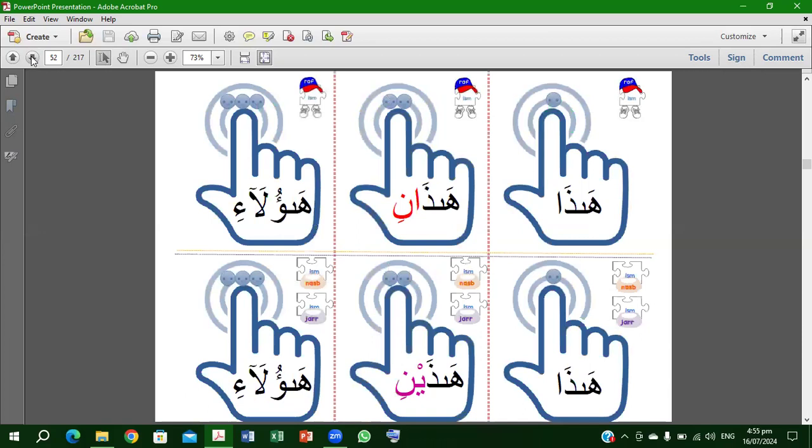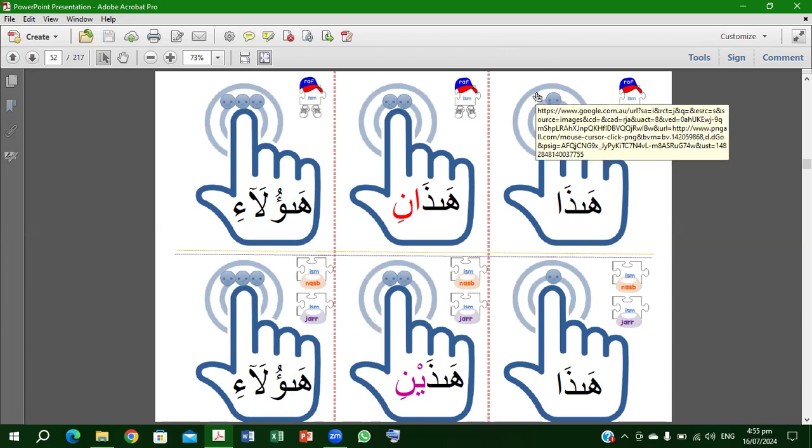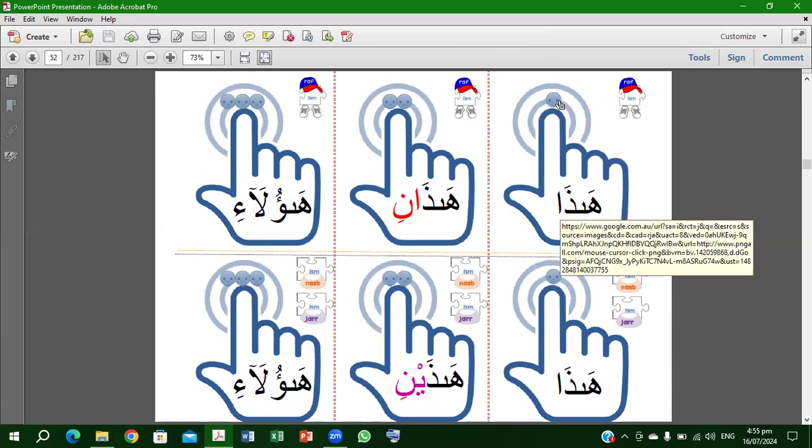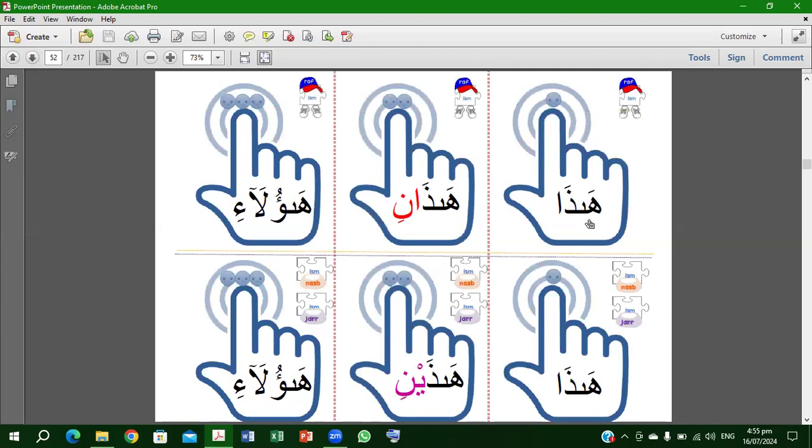And I said there is a whole table for that. Now see, if it is one masculine thing towards which you are pointing, you will say hada. If it is two, you will say hadani. If there are more, two plus, yani three or more, then it is haulai. Okay, so hada, hadani, haulai.